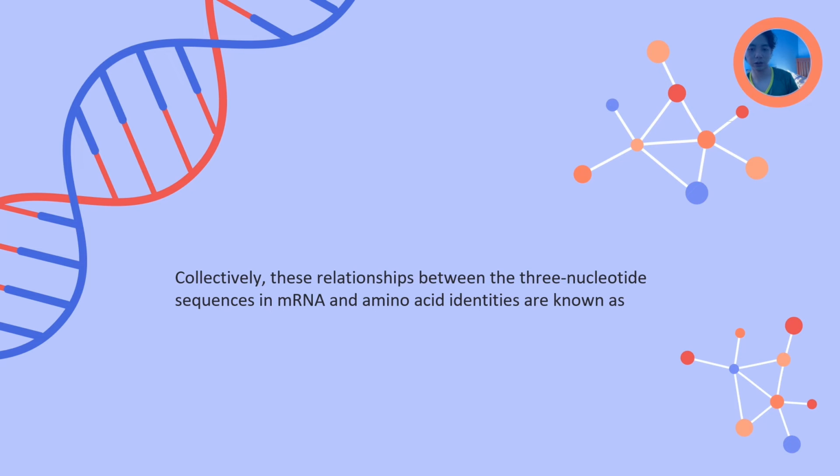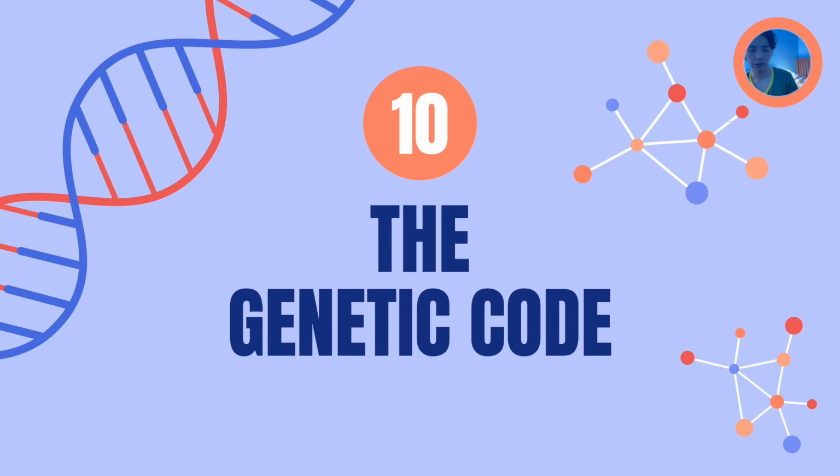Collectively, these relationships between the 3 nucleotide sequence in mRNA and amino acid identities are also known as the genetic code. The genetic code is the assignment of the 64 mRNA codons to specific amino acids or stop signals.